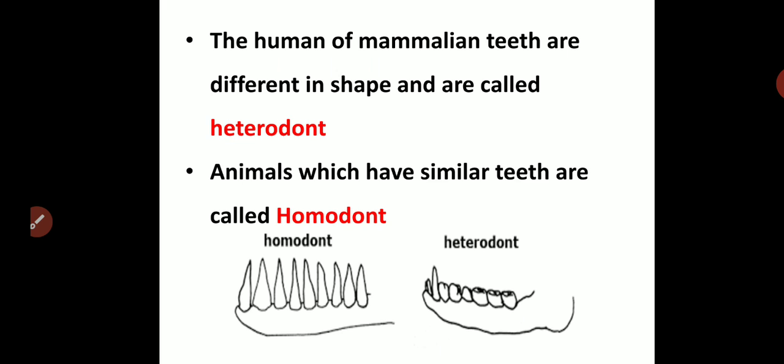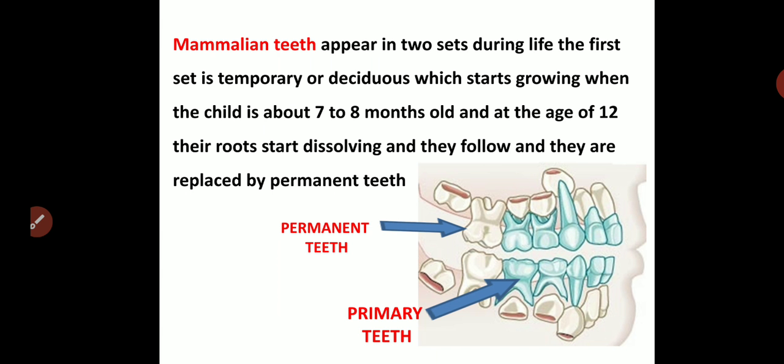Whereas there are animals which have dissimilar teeth. That is, each tooth has a different shape, like human beings, who, as we discuss now, have 4 types of teeth with 4 different shapes. Such dentition is termed heterodont. Remember these 2 names very well.